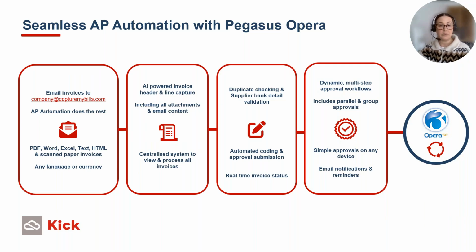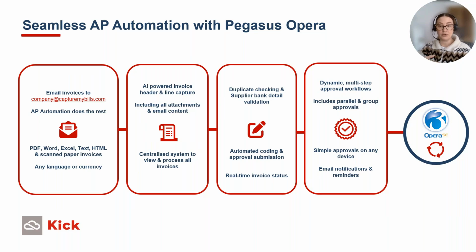The software will also automatically perform duplicate invoice checking and supplier bank detail validation. So all looking to reduce risk and increase productivity, alongside other features such as default analysis coding, and automated matching against purchase orders where applicable. Invoices can then be routed on a multi-tiered and dynamic approval workflow.